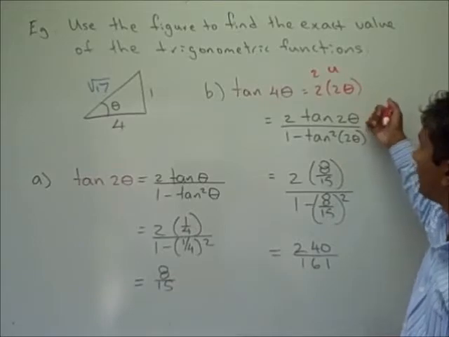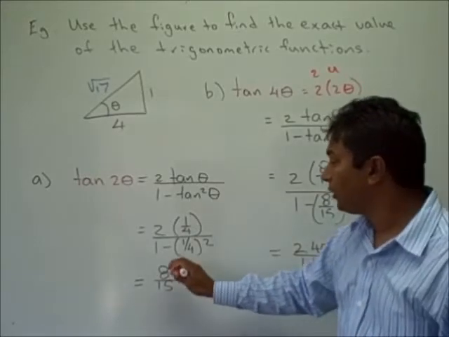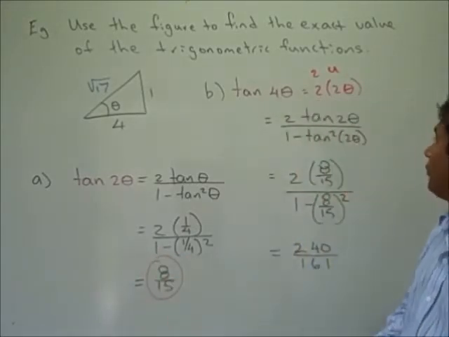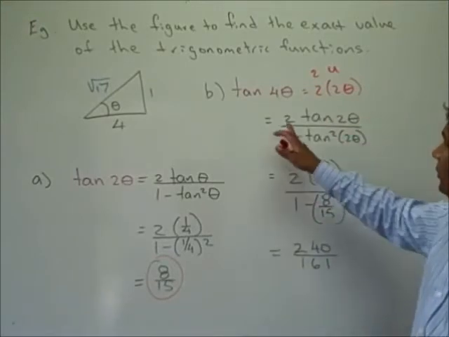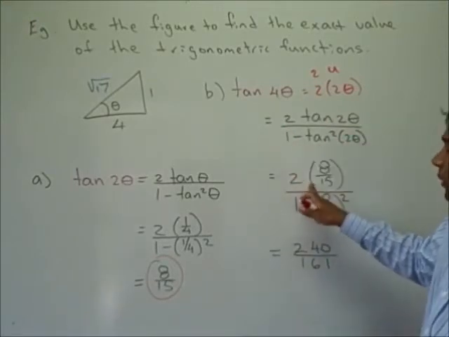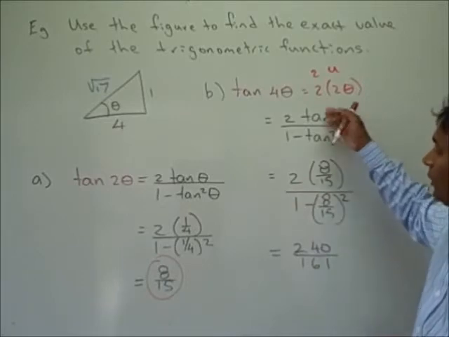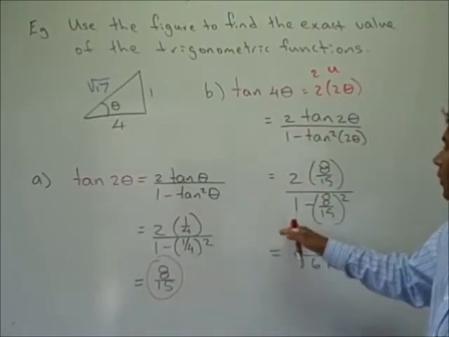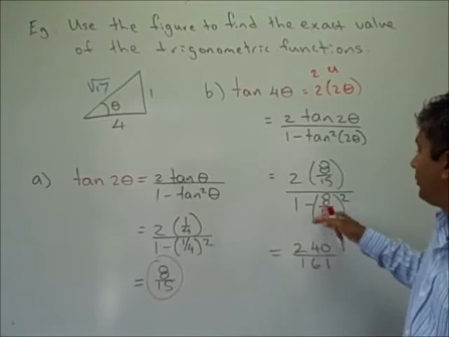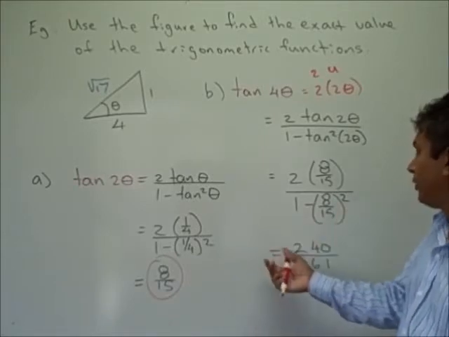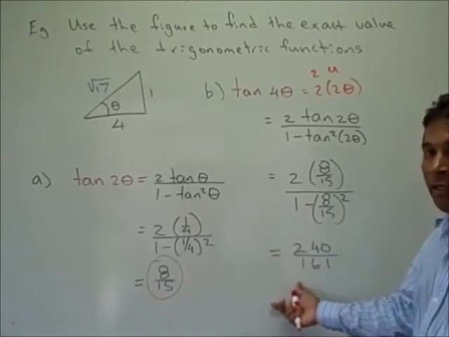So now we need to find tan of 2 theta, which we have already done. So it's just a matter of substituting. This becomes 2 times 8 over 15, because 8 over 15 is equal to the tan of 2 theta, all over 1 minus 8 over 15 squared. And this simplifies to give us 240 over 161.